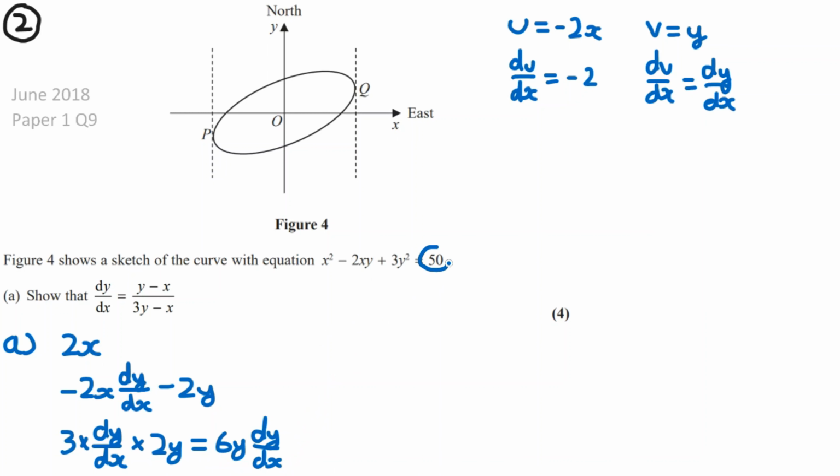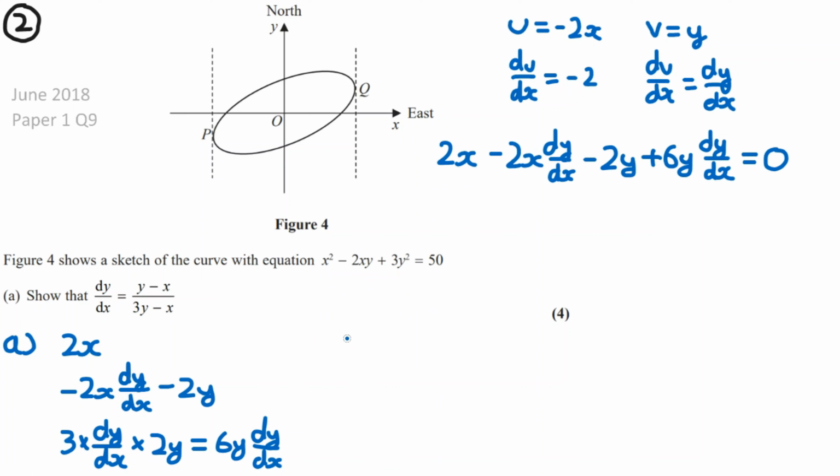And then this 50 here on this side, when you differentiate a constant, it's just 0. So if we differentiate this whole thing, this side will be these terms added together, so it's going to be 2x minus 2x dy over dx minus 2y plus 6y dy over dx, and then this side will just be 0 here.